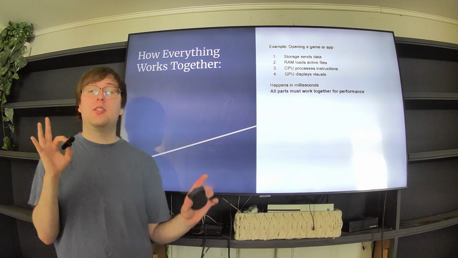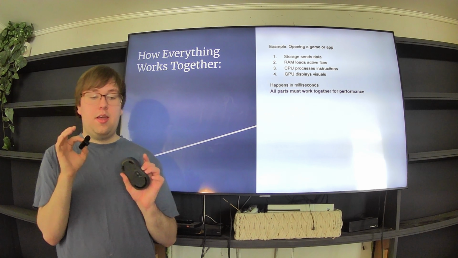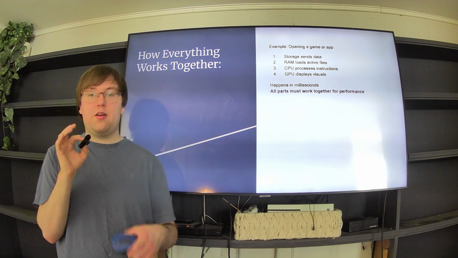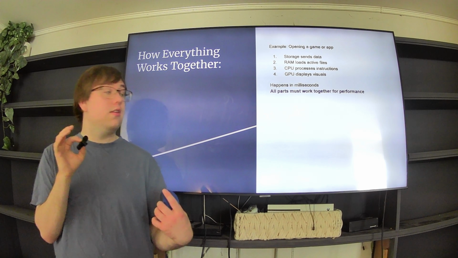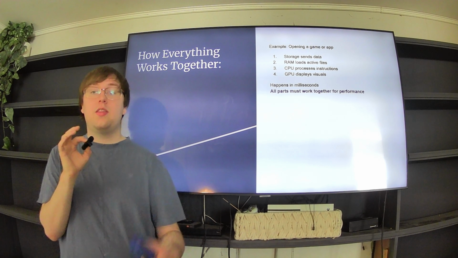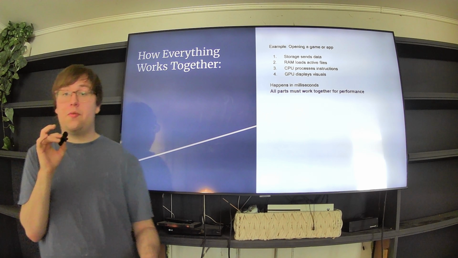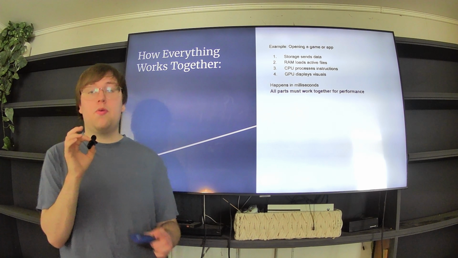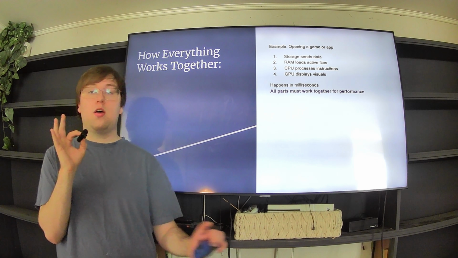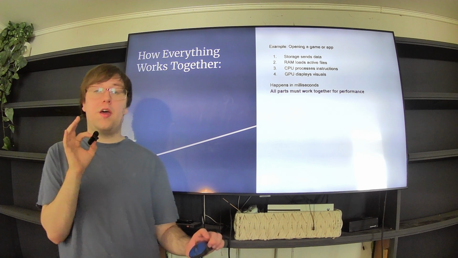It happens in milliseconds. It's extremely fast. They all work together in rapid speed to get the information to your screen. All parts must work together for good performance. If one component of the computer doesn't work, none of it will work. Your entire system will fail.